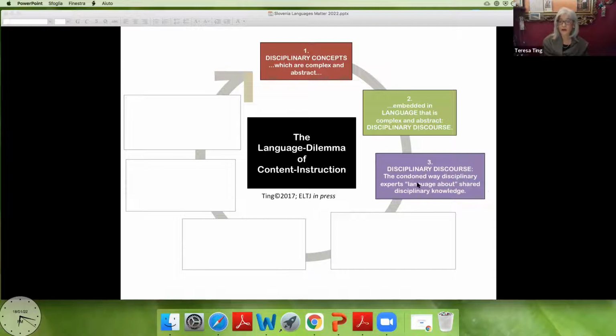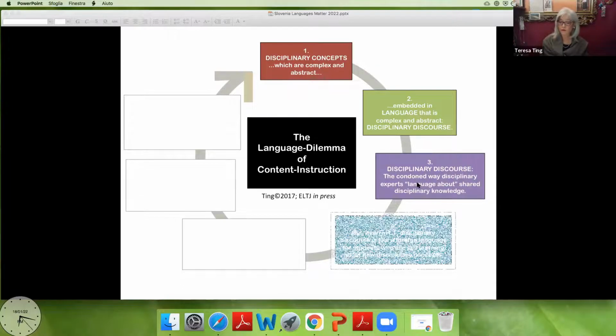Now, point number 4. But even in L1, disciplinary discourse is like a foreign language for students who are still learning about new disciplinary concepts. Research has shown this. It is like a foreign language, even in L1. So point number 5.